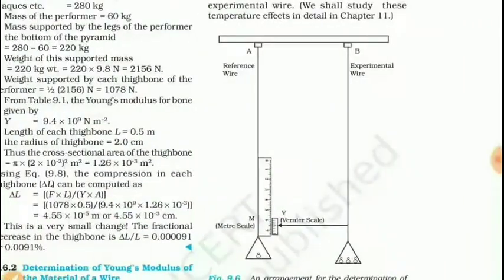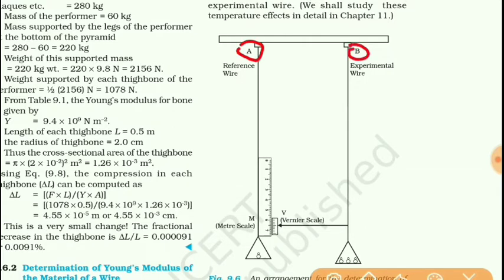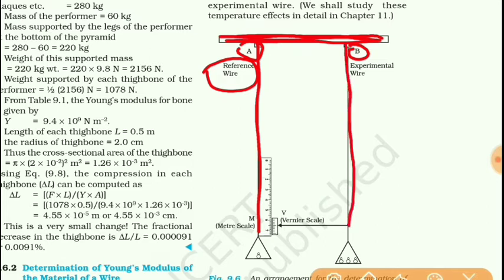Here you can see in this figure that there are two wires, A and B. They were supported at the ceiling, and here this wire A is known as the reference wire, and this wire B is known as the experimental wire, the wire of which the Young's modulus is to be determined.